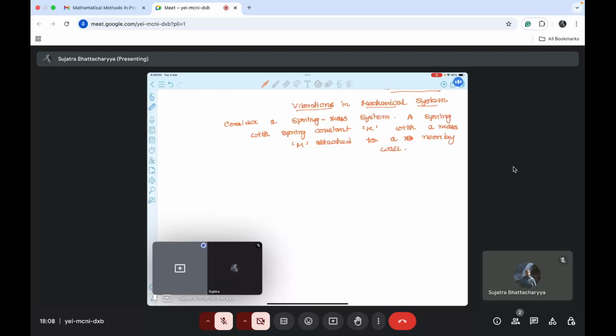Okay, so the system is something like this. Suppose you have a wall here, and this is the floor, and you have a spring with spring constant k, and with that a mass m is attached to it.